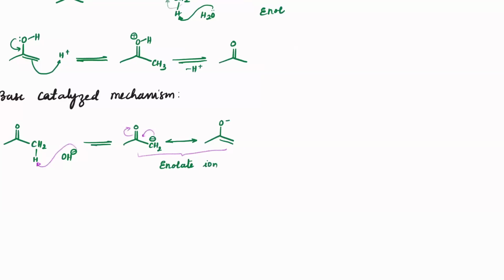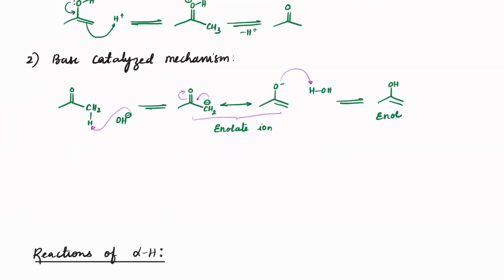Now this enolate ion in aqueous solution will take the H plus from here and thus convert into an enol form. So directly enol will not come. First an enolate ion is formed, and then enol will form. If you notice the reverse mechanism, if you already have an enol like this and you use basic medium, OH minus will take H plus and we will get O minus double bond here.